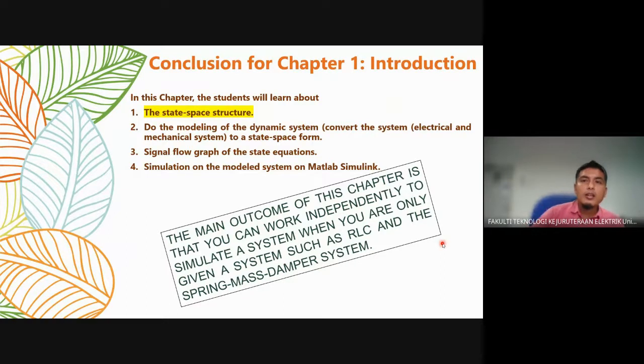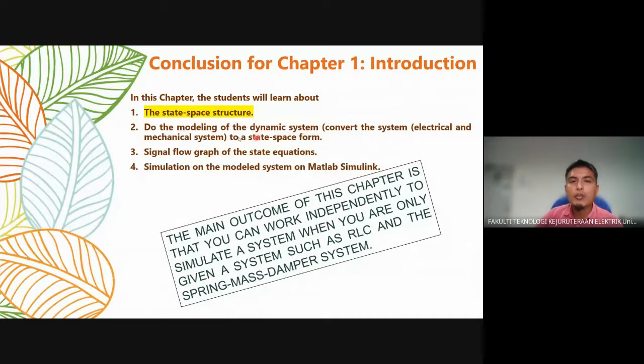We already completed the state space structure in the previous class, and today we will proceed with the second part: the modeling of the dynamic system, which is converting electrical and mechanical systems to state space form.